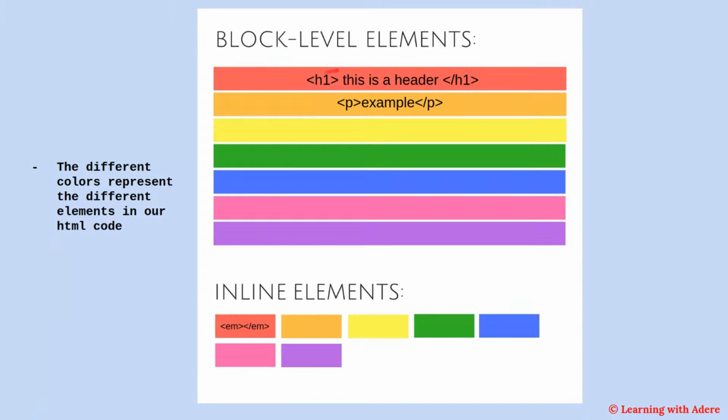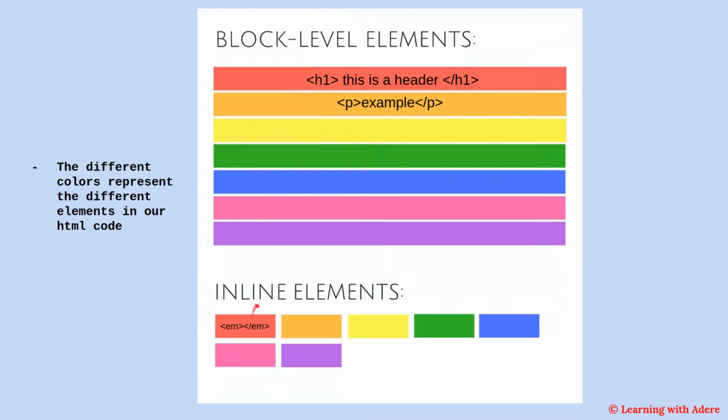This color in the background represents how they take up the full width, and you can't put anything else on the same line. We can't have the heading and the text on the same line because they are block elements. There are ways we can alter this and change it, but that's for another class.